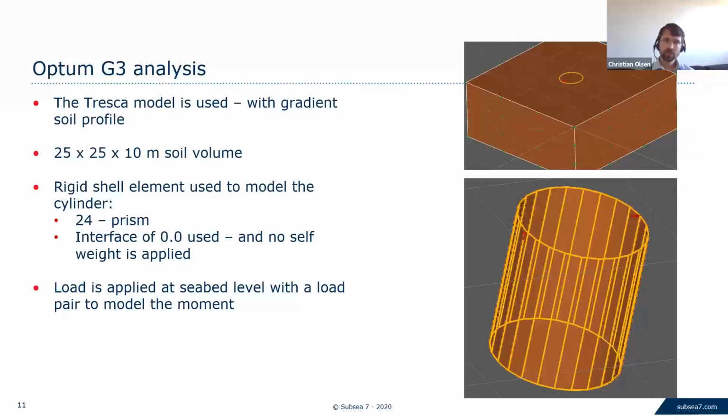We're using rigid shell elements and a 24 prism seen over here, and an interface of 0.0 so that the self-weight is not included in the analysis. And the load is then applied at the surface, but I included an upwards and a downwards load pair, so that it includes the moment.